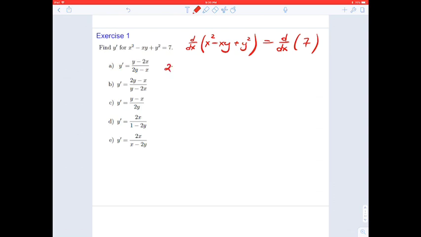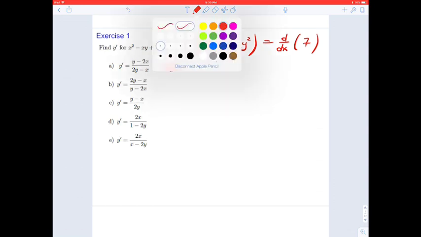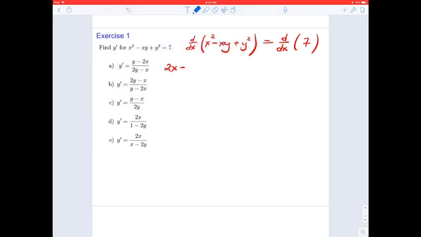The derivative of x squared is 2x. Now the derivative of xy, we have to remember we have a product rule. The derivative of x is 1 times y. X times the derivative of y is y prime. The derivative of y squared is 2y times y prime. We remember the chain rule. The derivative of constant 7 is 0.